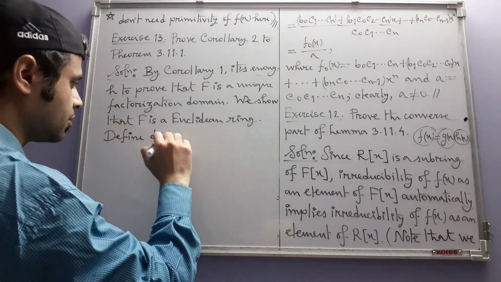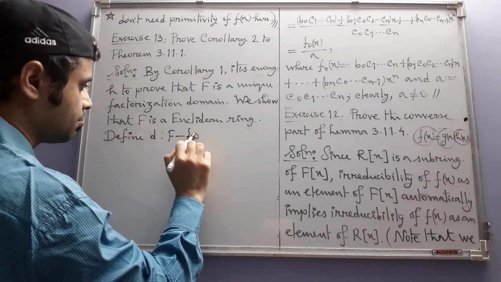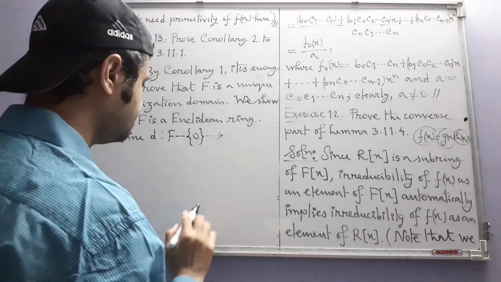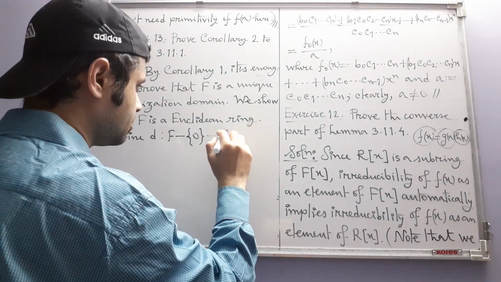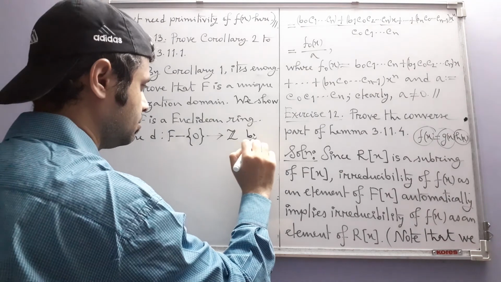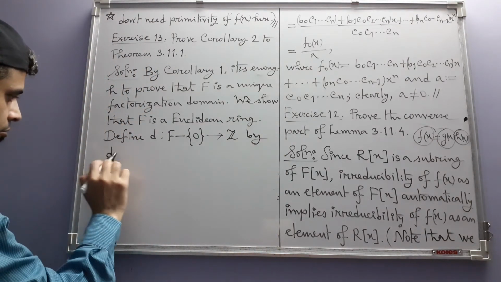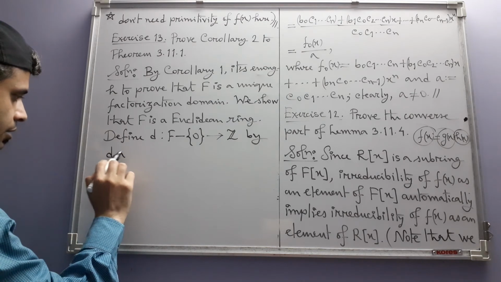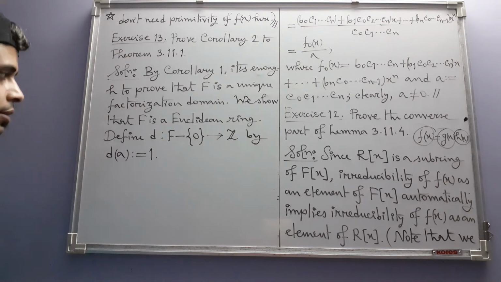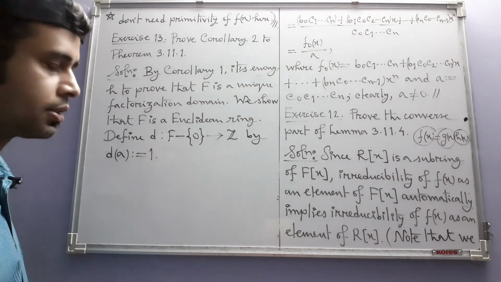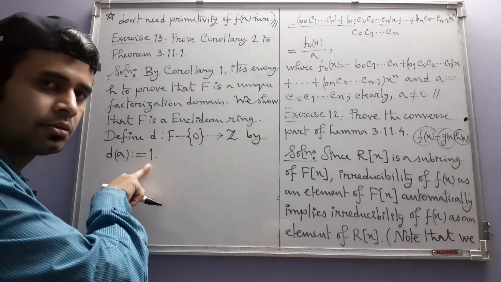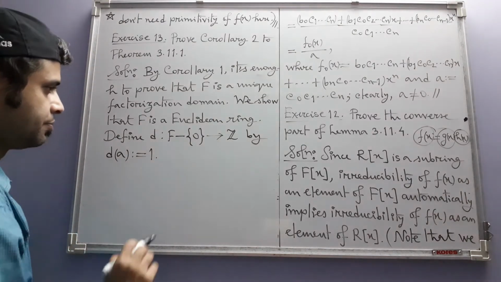Define D from F minus 0, because the D function is defined only for non-zero elements in a ring, into the set of integers by D(a) equal to the integer 1. That is, D is the constant function mapping all the non-zero elements of the field F onto the positive integer 1.